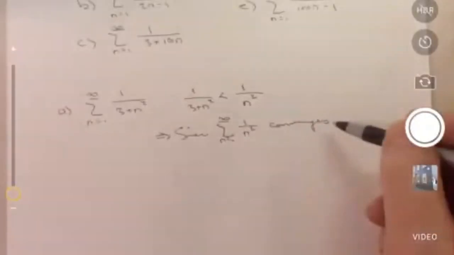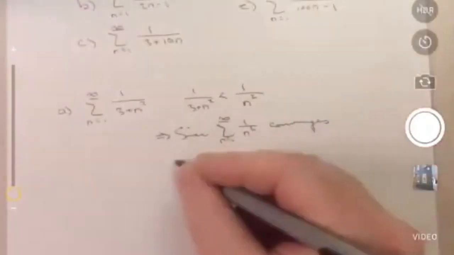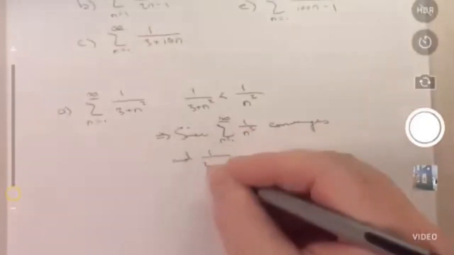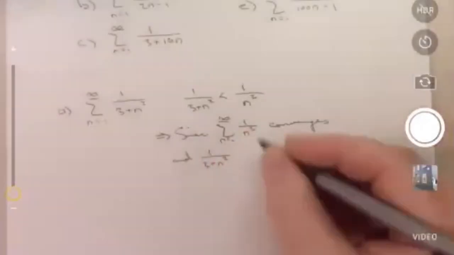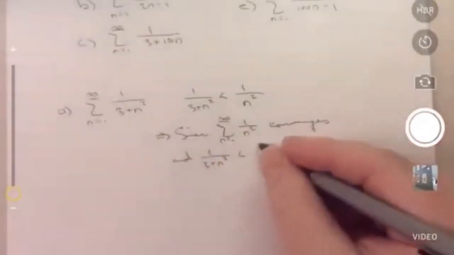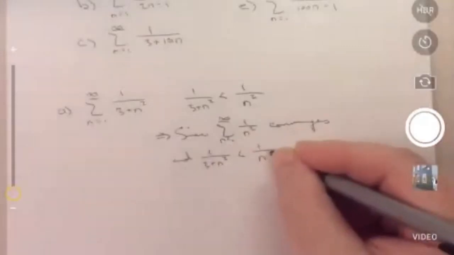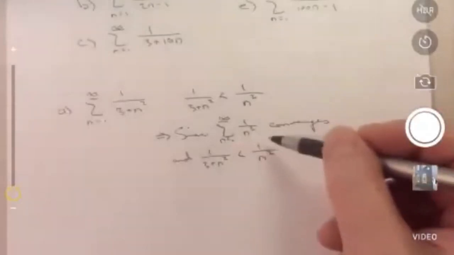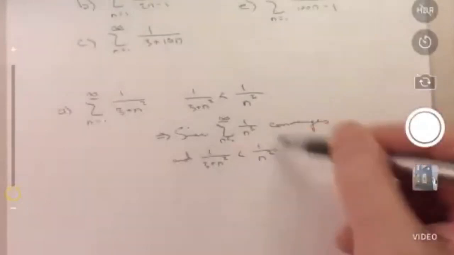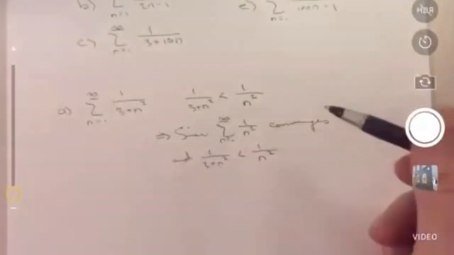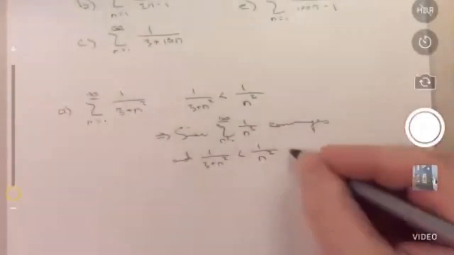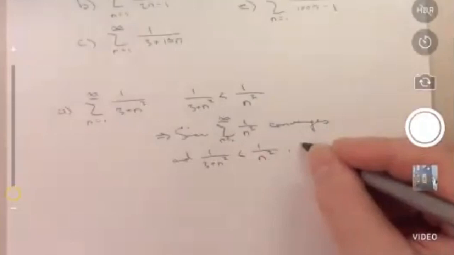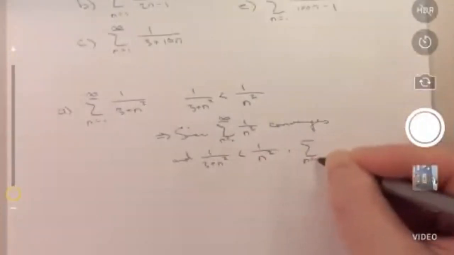So since this series converges and the terms of the series in question are all smaller than the terms of this series that we know converges, well, if these terms were small enough to converge and these are smaller still, then we expect the series in question is going to converge. And that's exactly what happens.